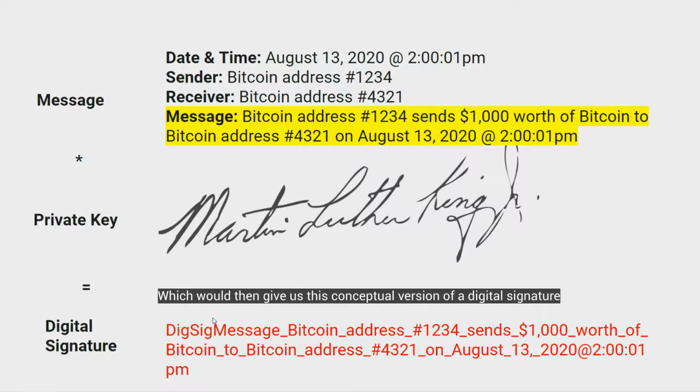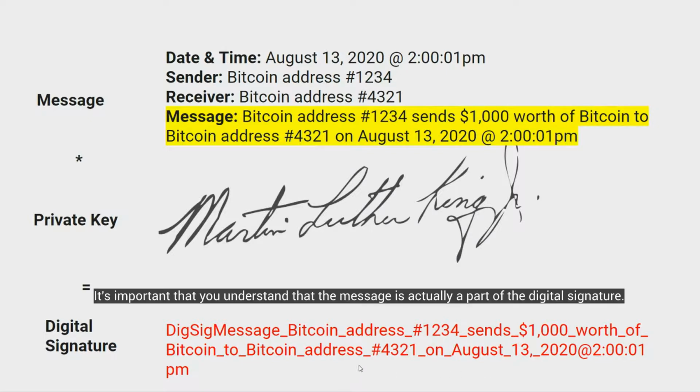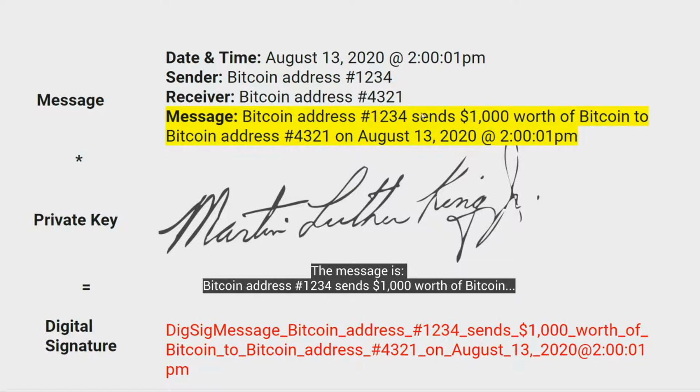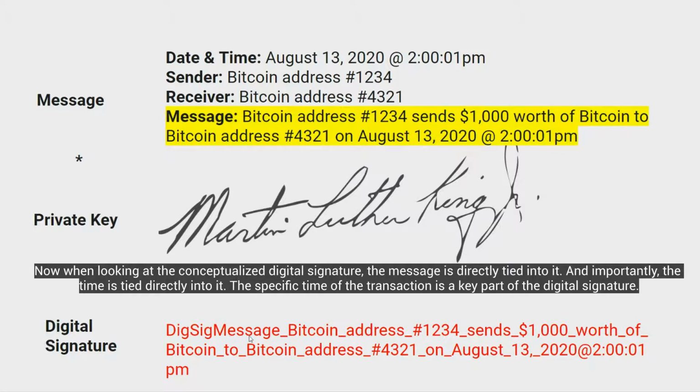Okay? Now, let's look at the digital signature because it's important that you understand that the message is actually a part of the digital signature. So, the message is this, right? Bitcoin address 1234 sends 1,000 worth of Bitcoin, and so on, 2:01 p.m. Now look at the digital signature that I have conceptualized for this example.